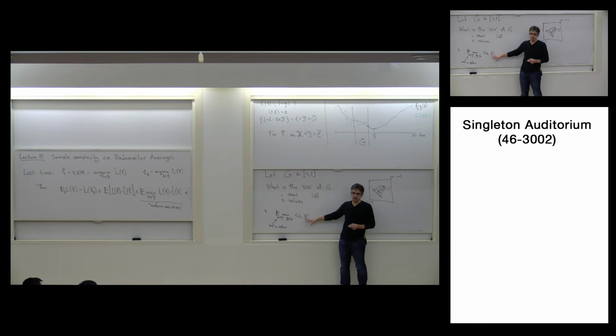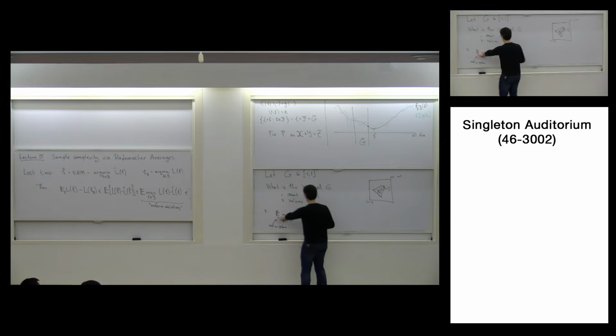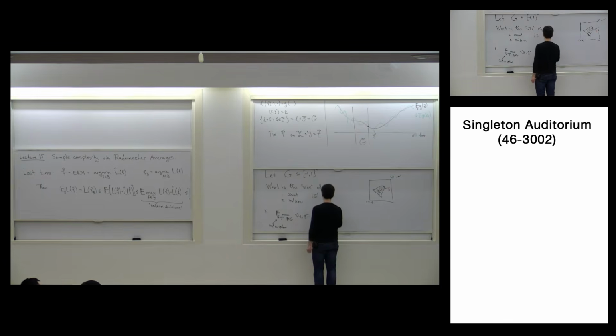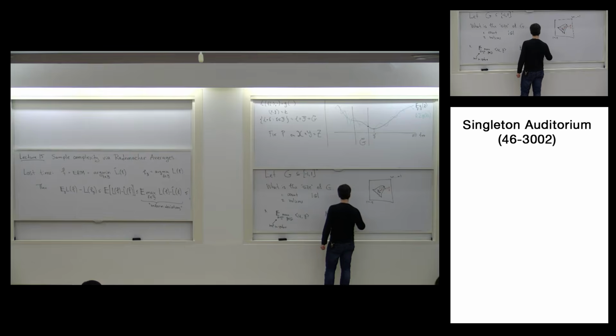Calculations with that might not be too nice, so I'm going to replace it with something very close. So that's version A. Here's version B, which is expectation with a Gaussian nu from a normal with zero mean and identity covariance in n dimensions, max over g in G, of nu dot g.